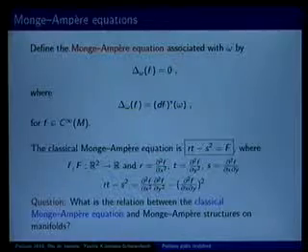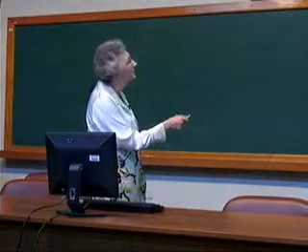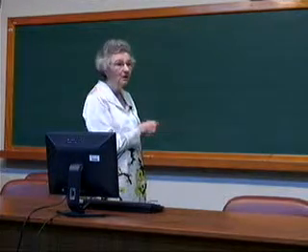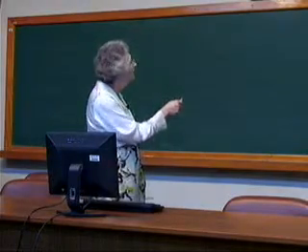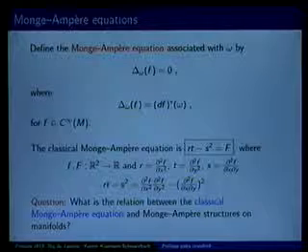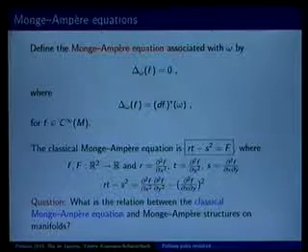Now you can ask, why is this called the Monge-Ampère equation? Well, the Monge-Ampère equation is rt minus s squared equals some real-valued function defined on R2, and r, t and s are the second order partial derivatives of some function f on R2.